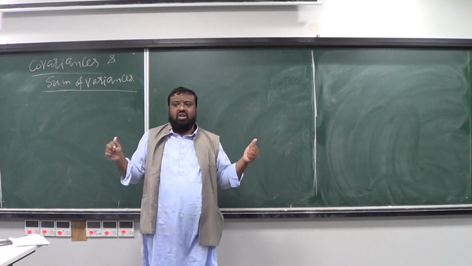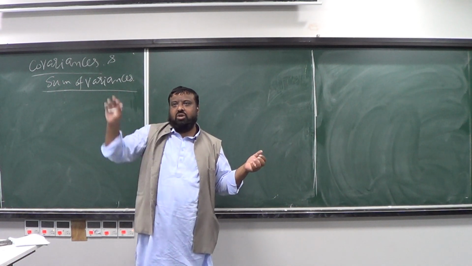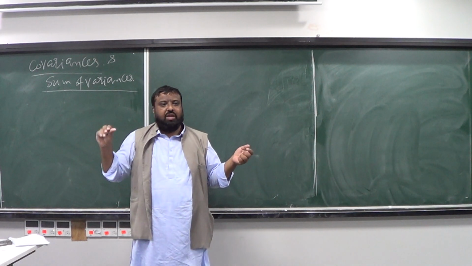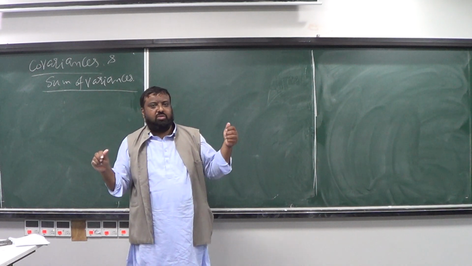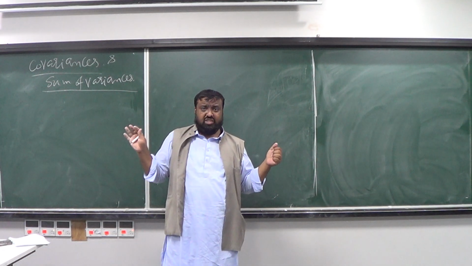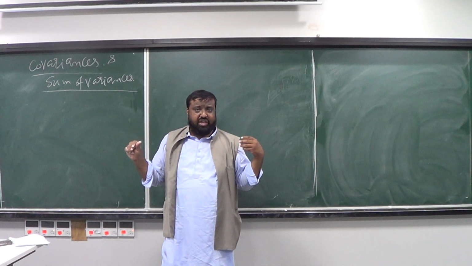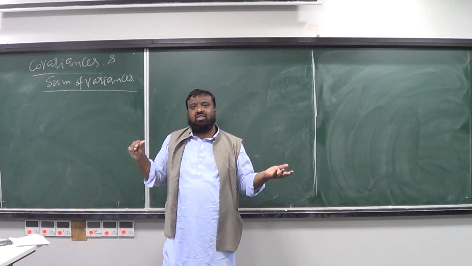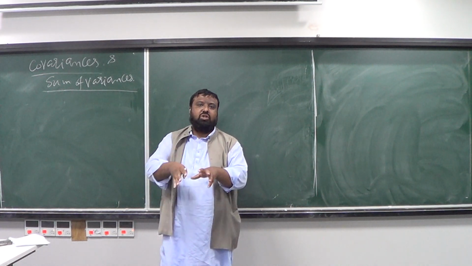Do the two processes depend on each other or not? In other words, if the price of one commodity is increasing, is the price of the other commodity increasing as well? In that case, we will say that they are positively related.